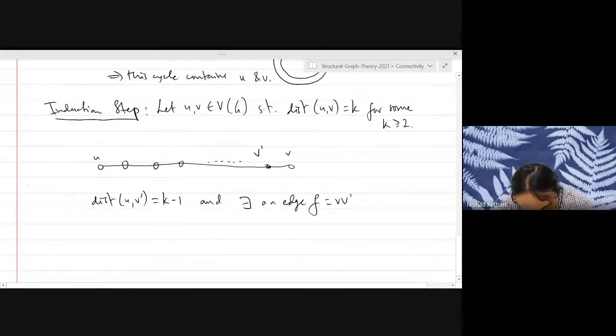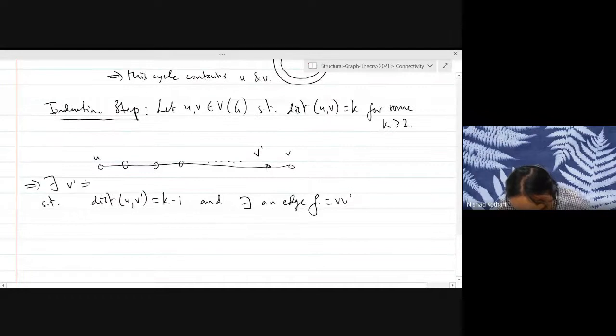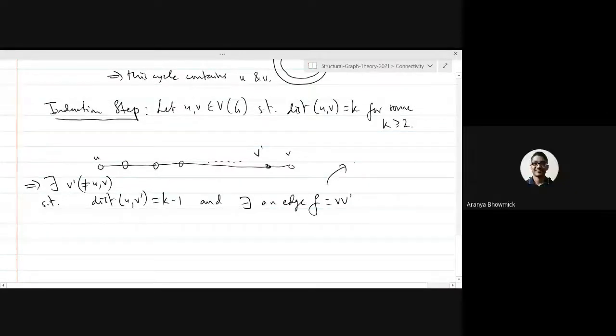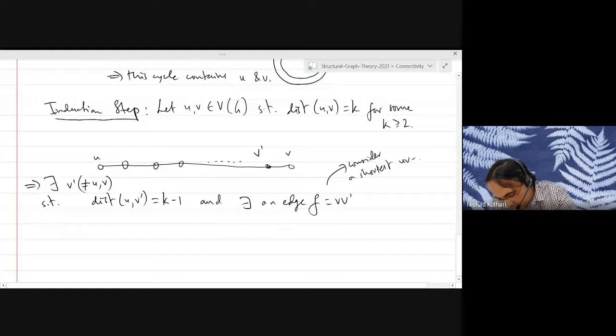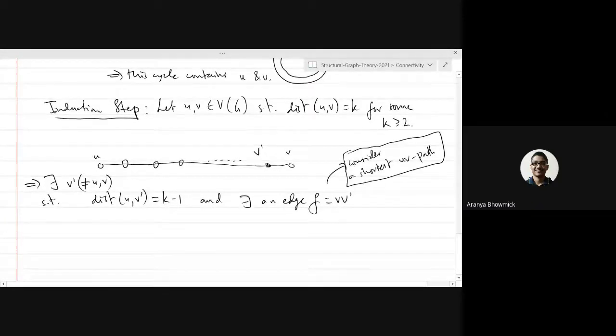So there exists a vertex V prime, which is not the same as U and not the same as V. How do you show this? V prime is the vertex just before V on some shortest UV path.